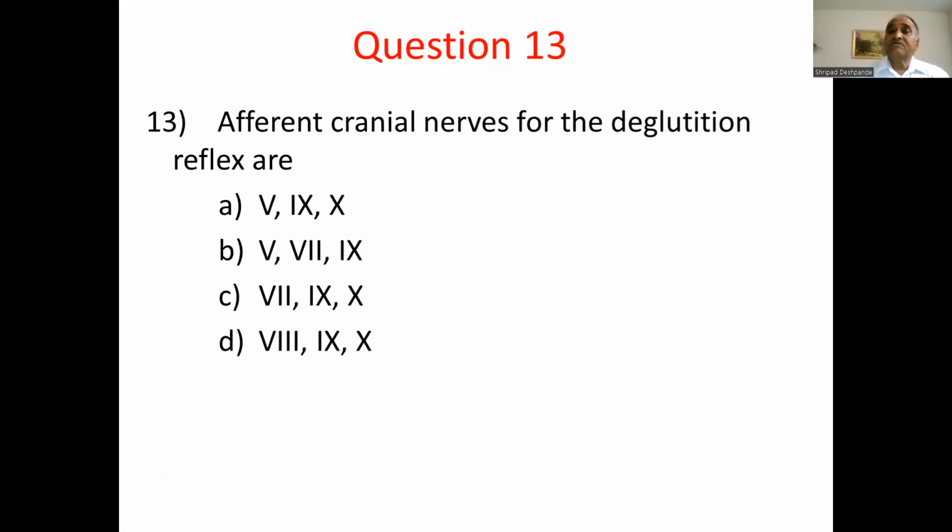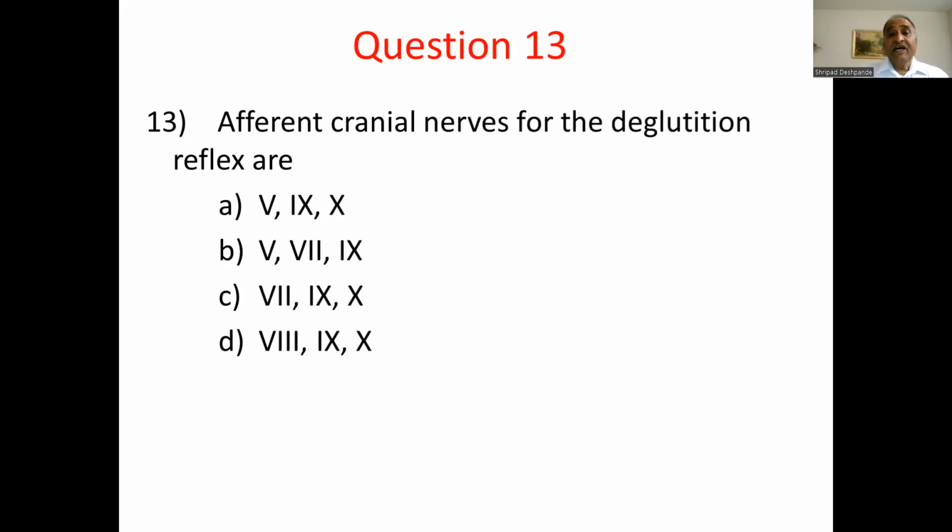Afferent cranial nerves for the deglutition reflex are: A, cranial nerves 5, 9, 10. B, cranial nerves 5, 7, 9. C, cranial nerves 7, 9, and 10.